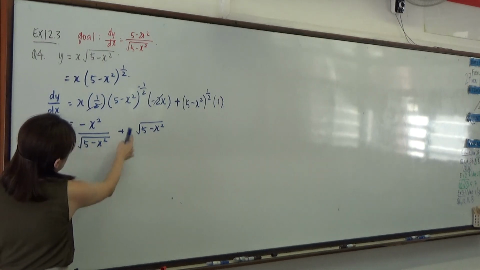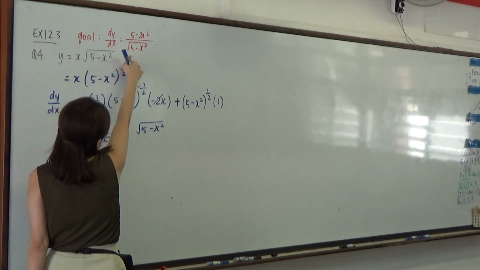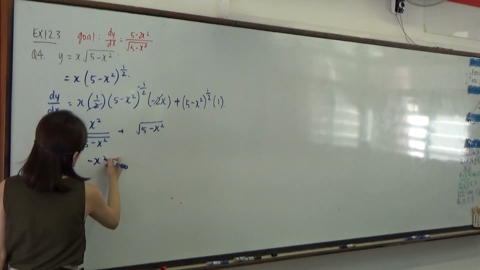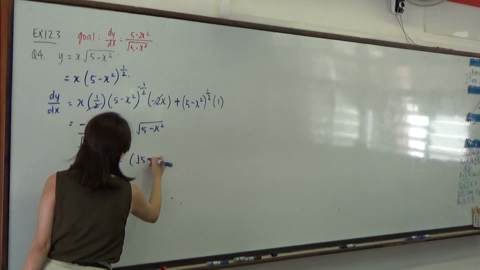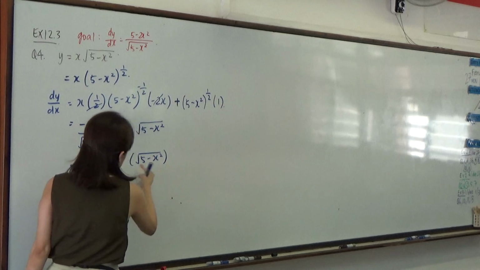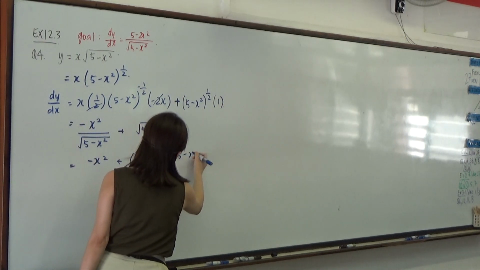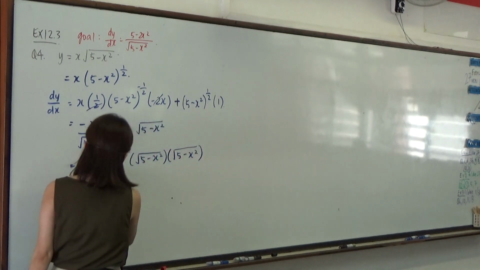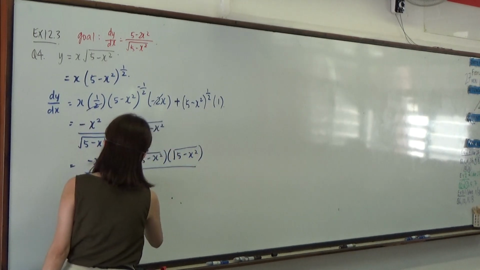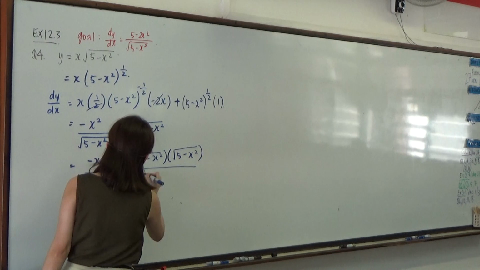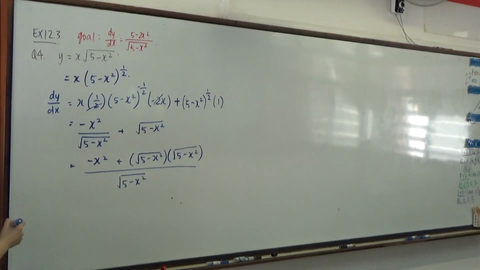Then we need it to be in a single fraction because that's what the question wants. This means that my original square root of 5 minus x squared needs to multiply with another one, in order for both of them to share the common denominator.